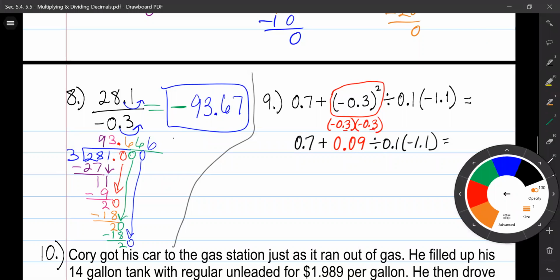So that means the next thing I have to do is 0.09 divided by 0.1. All right, so I know the number that I'm dividing by has to become a whole number. So I have to move the decimal point 1 time to the right and then move the other decimal point 1 time to the right. So basically it's 0.9 divided by 1. So basically it's 0.9.